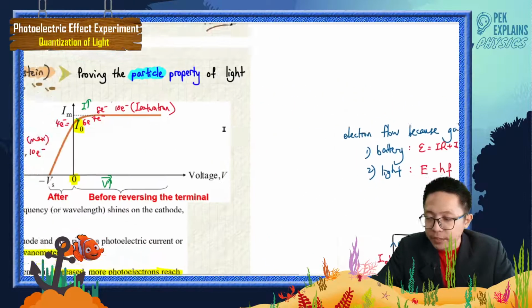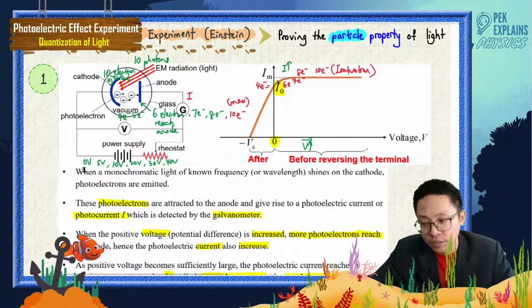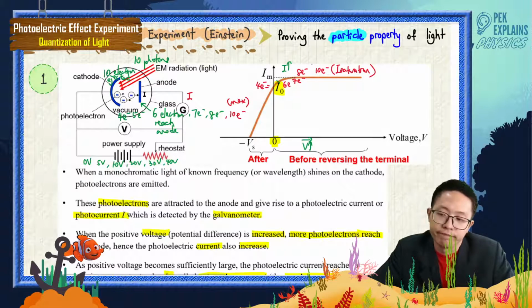Okay, so we can say initially we put 10 volt, and you have 6 electrons reach the anode. Now you decrease 10 volt to 5 volt, and at 5 volt, 5 electrons reach the anode. Now you decrease 5 volt to 0 volt, and at 0 volt you still have 4 electrons reach the anode.